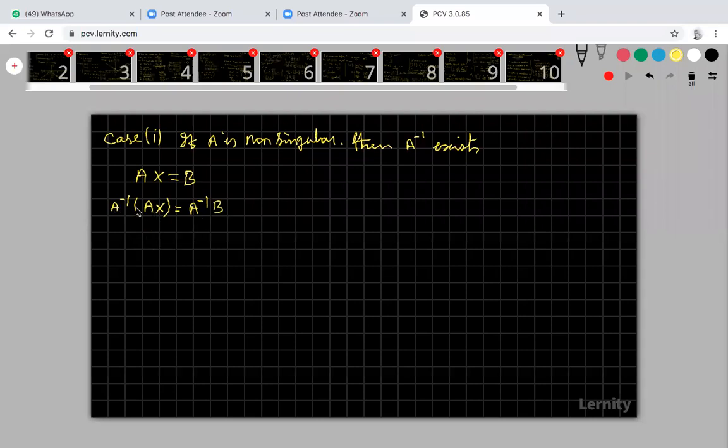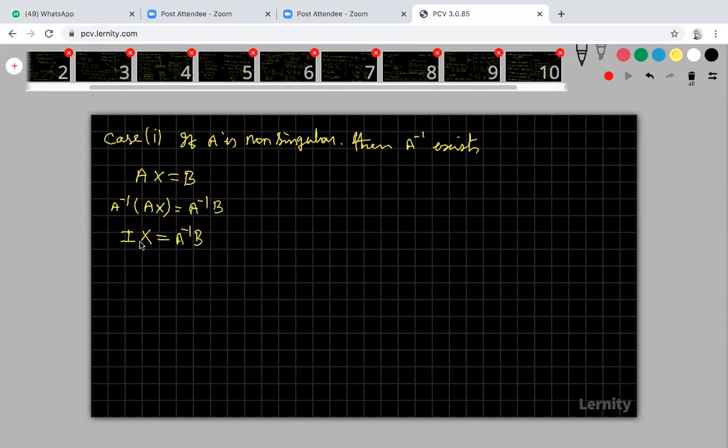Therefore, using the associative law, I can interchange the bracket: A inverse into A. What is A inverse into A? That is identity.